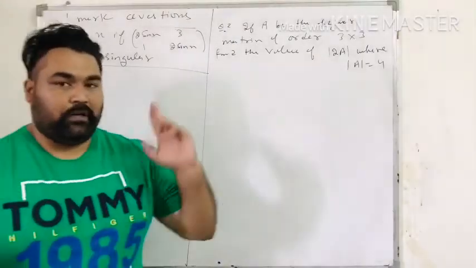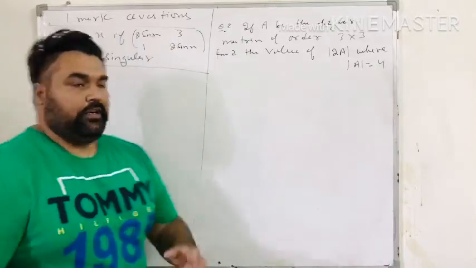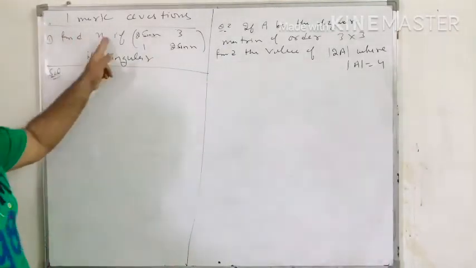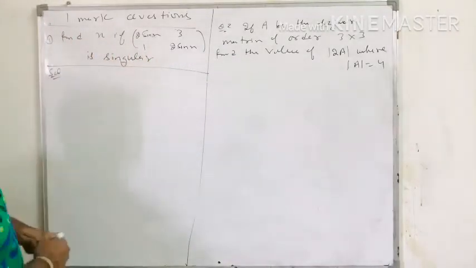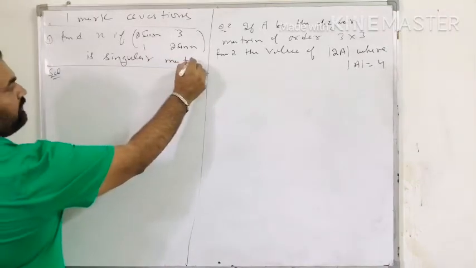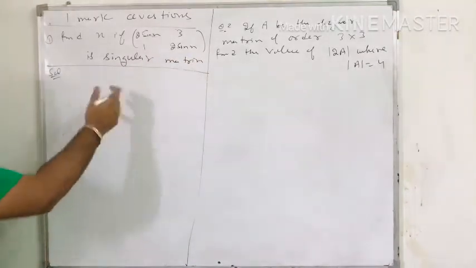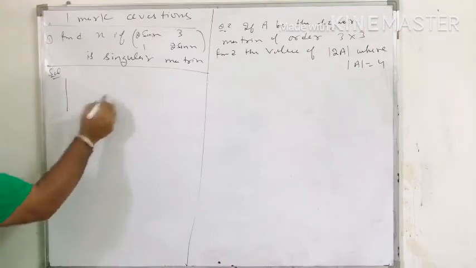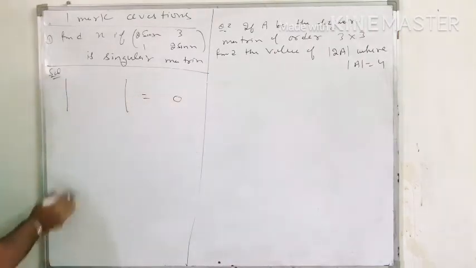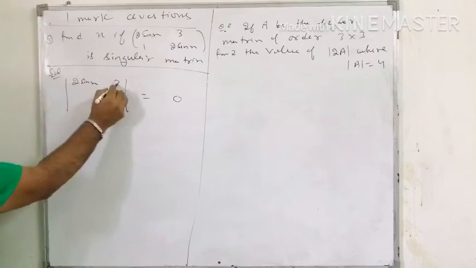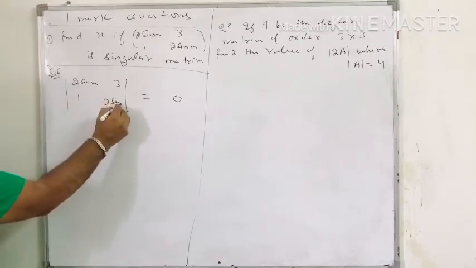Now we shift to the 1 mark questions related to matrix and determinants. The first question is: find x if this matrix is a singular matrix. Now what is a singular matrix? If the determinant of any matrix is 0. So 2 sin x, 3, 1, 2 sin x.